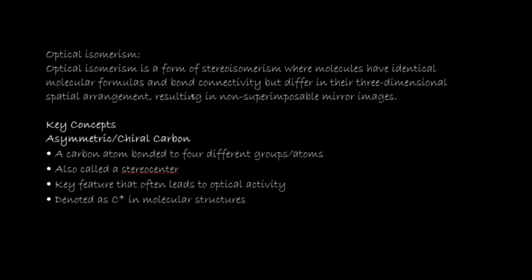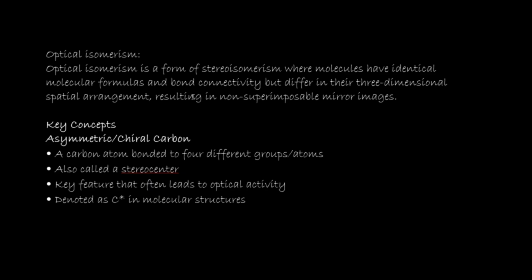What is optical isomerism? We all know it comes under the category of stereoisomerism. Stereo means difference in spatial arrangement, right? Optical isomerism is a form of stereoisomerism where the molecules have identical molecular formulas and bond connectivity but differ in 3-dimensional spatial arrangement.